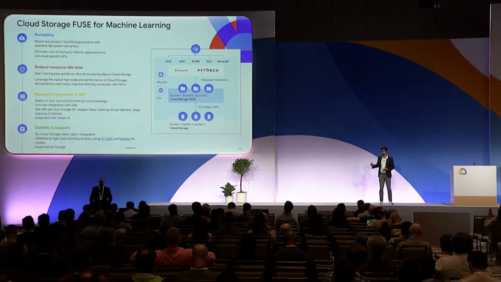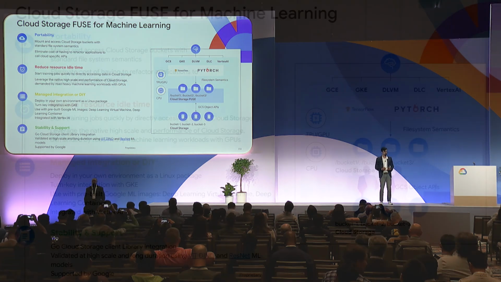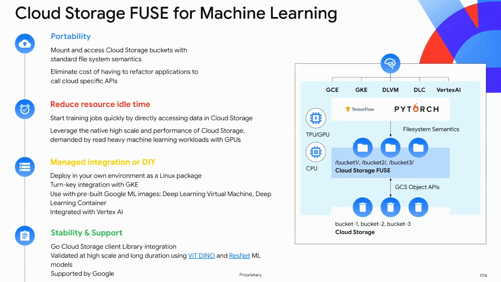So sometime in the middle of last year, so mid-2023, we launched GCS Cloud Storage Fuse. It's been super popular because one, it's also very portable. It's Python native. If you look at the Python code, how you load data sets, it's super easy to just specify a file path because it's Fuse-based. It supports file semantics.